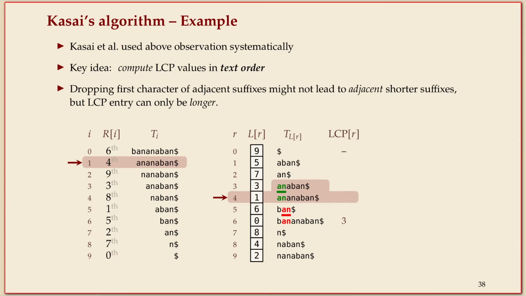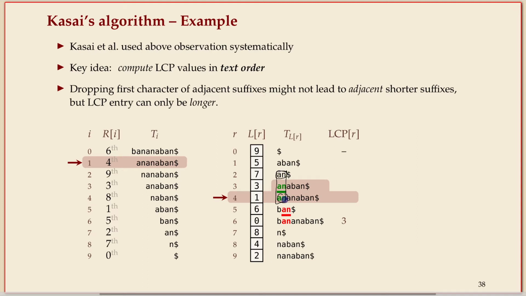But we still know that this one and this one, they shared a common prefix of 2. And so if this new string is between them in sorted order, it also has to start with AN, otherwise it couldn't be at this position. So in fact, all the strings between this one, the shortened predecessor from before, and the shortened suffix we're looking at, all of those in this range must start with AN.